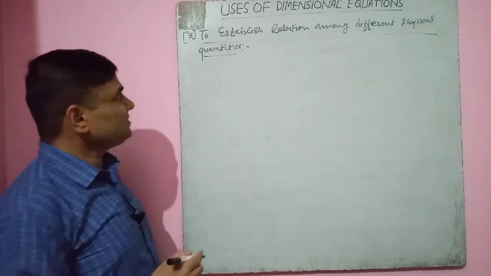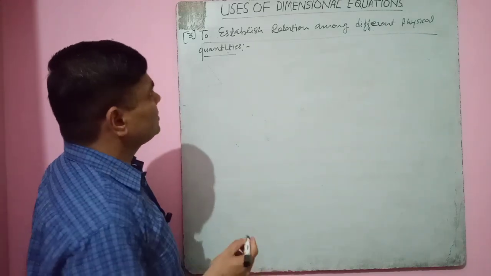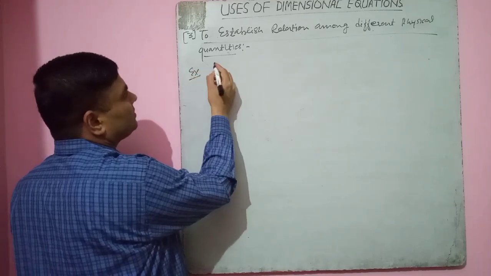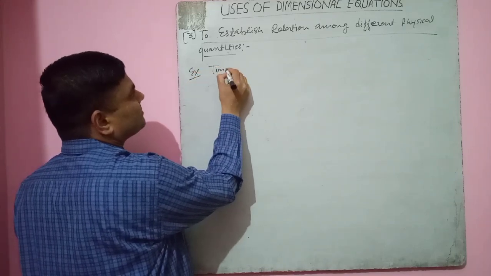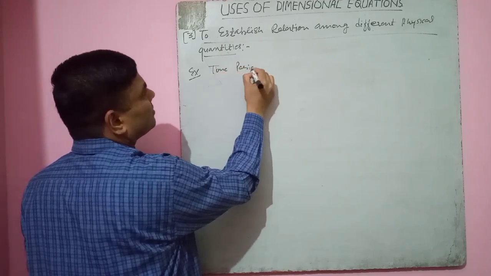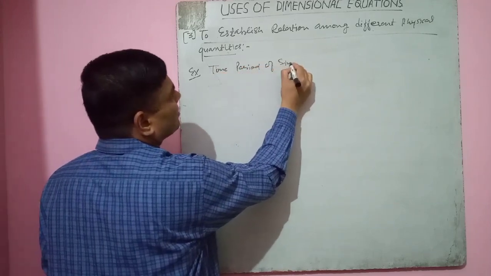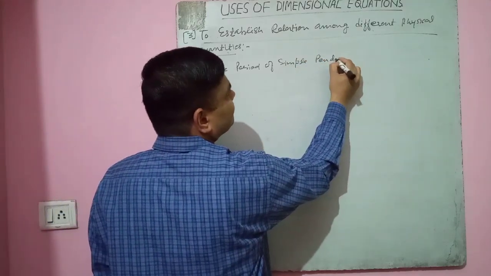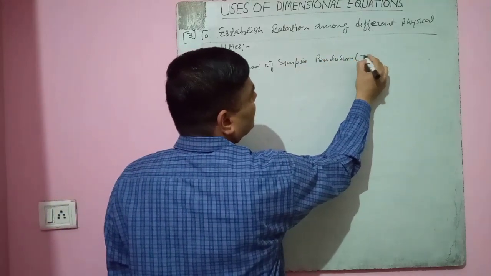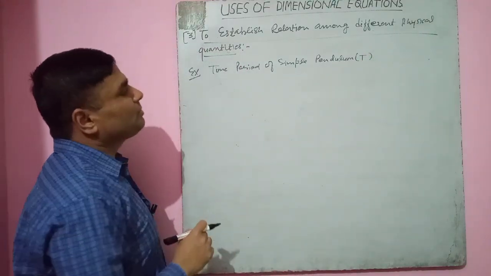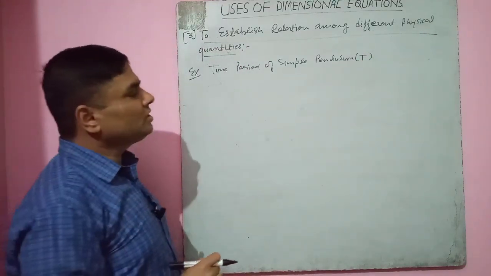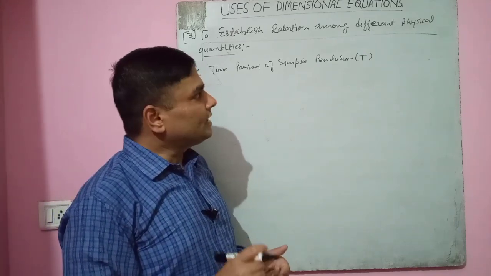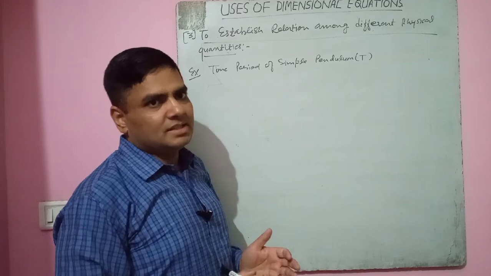Suppose we know in the question, for example, that the time period of a simple pendulum T depends upon the mass of the bob, the length of the thread and the acceleration due to gravity g.